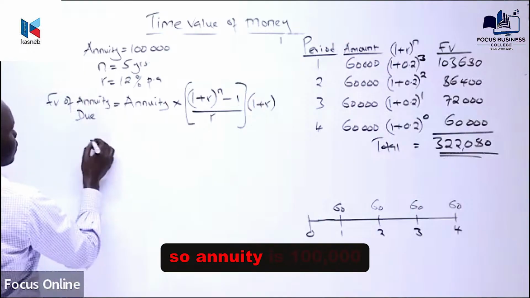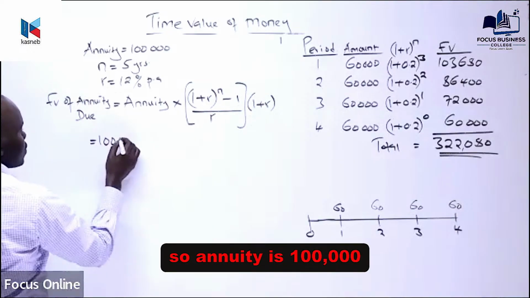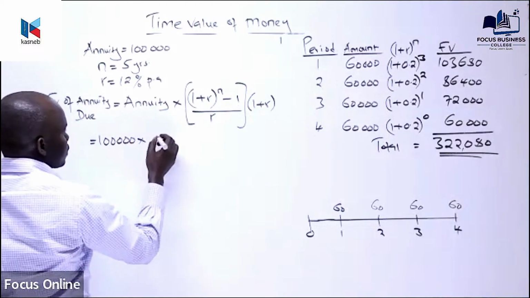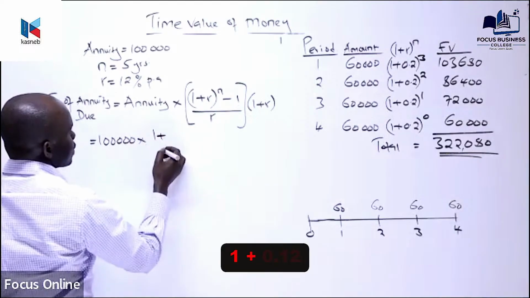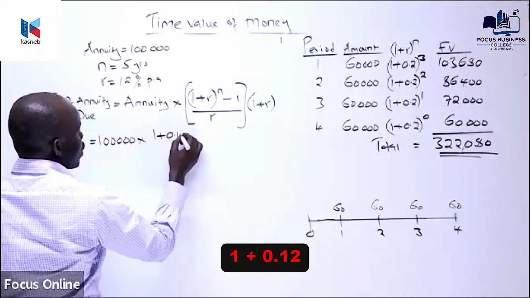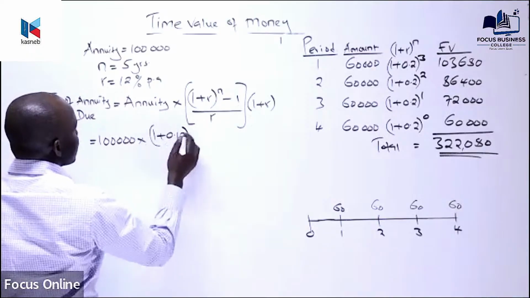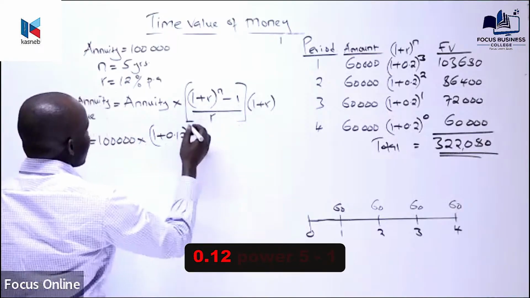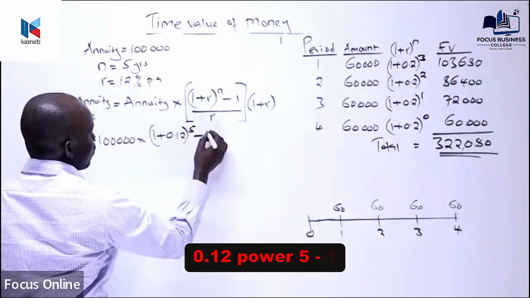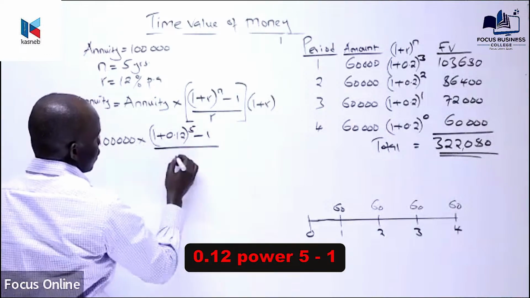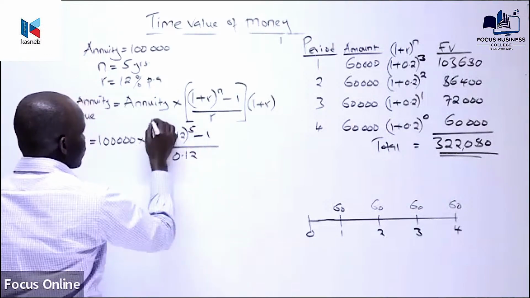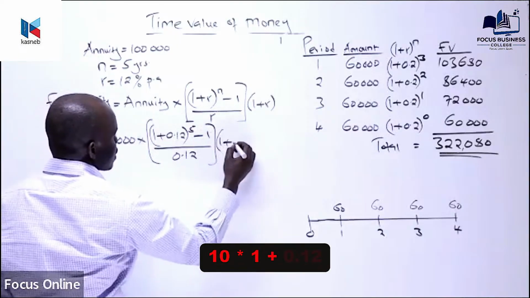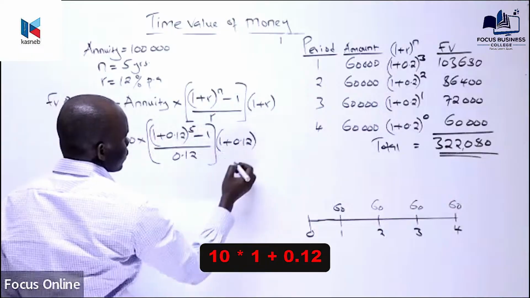So annuity is 100,000 times 1 plus 0.12 power 5 minus 1 over 0.12, then times 1 plus 0.12.